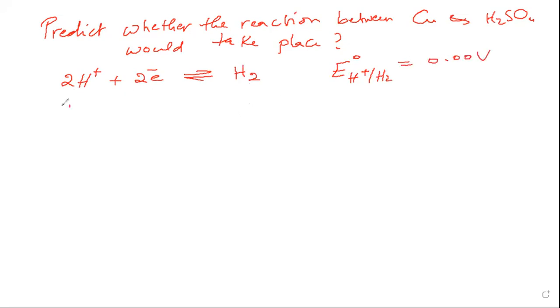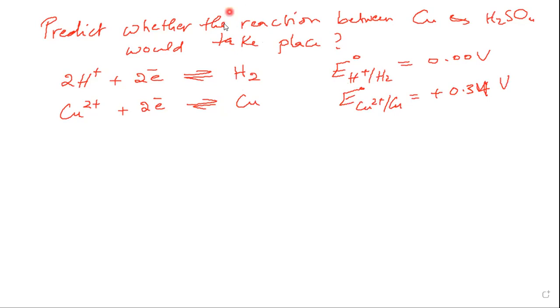Okay, and that the copper ions plus 2 electrons would give copper metal, where the E naught value of copper ions, copper metal, equals plus 0.34 volts. We found these two equations, and I arranged them in such a way that the less positive, I wrote it first, and then the more positive. Understand till here?